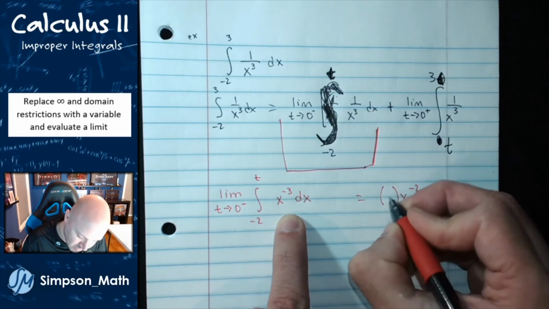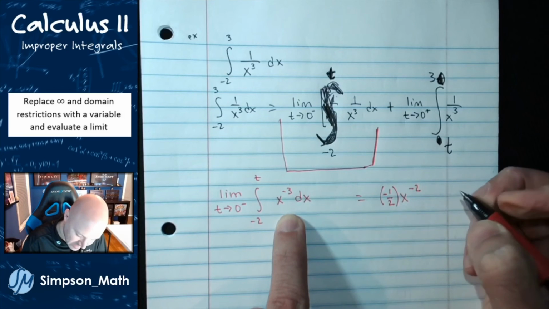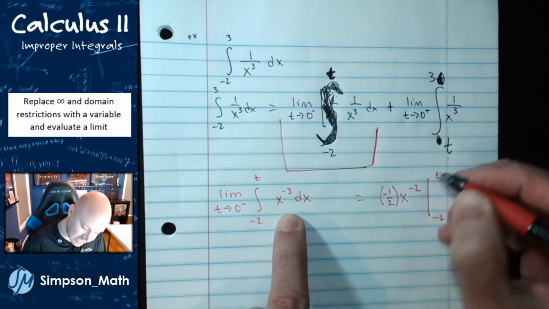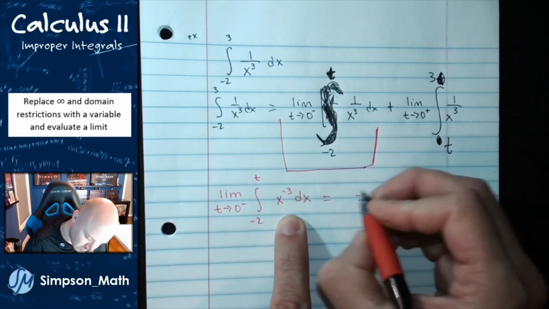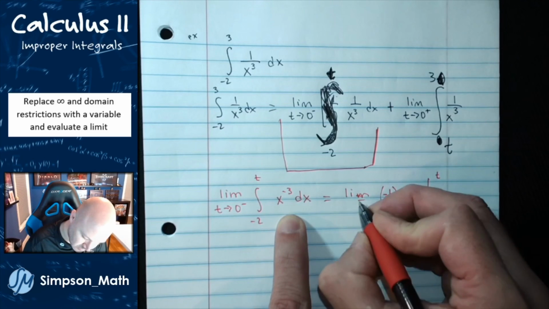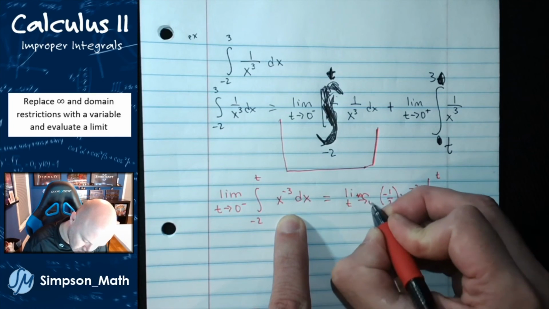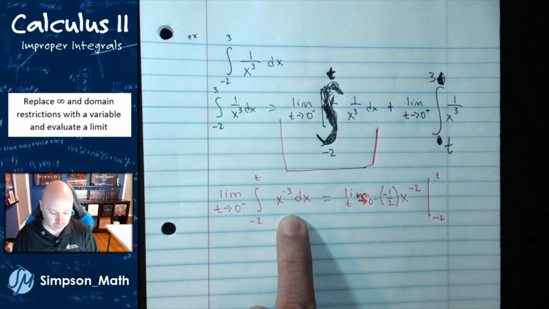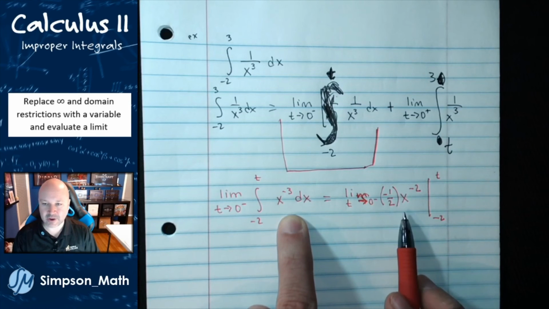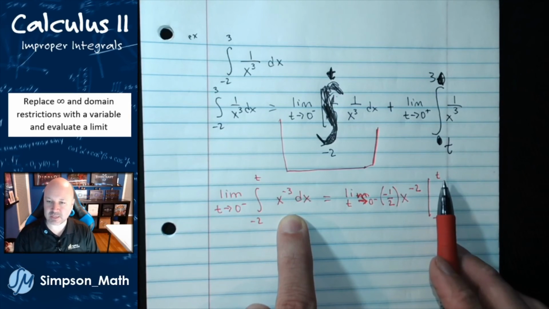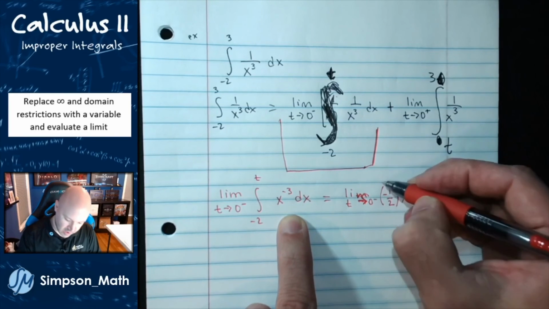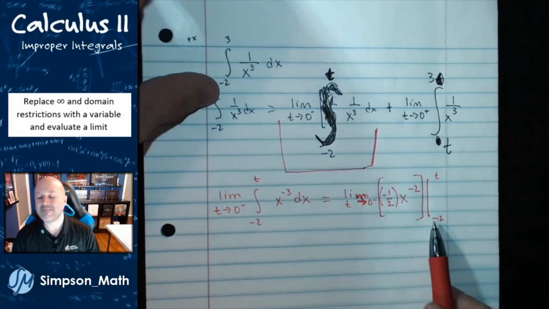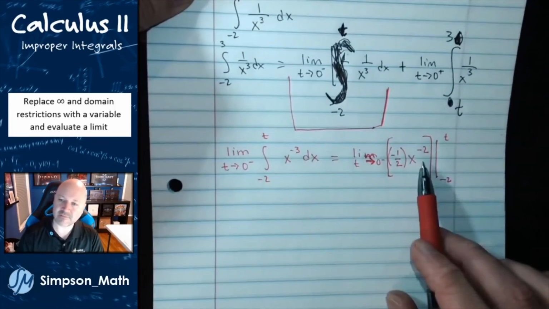Multiply out front by the reciprocal of that new power, -1/2. I need to evaluate this thing from -2 to t, and I still have a limit. Limit's still there. I integrated. I need to go from -2 to t. I think I'm ready for the evaluation process, that fundamental theorem of calculus.